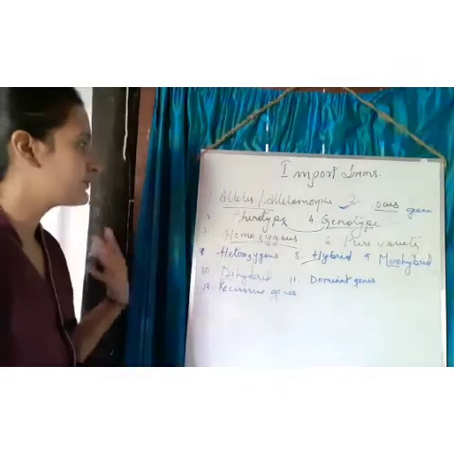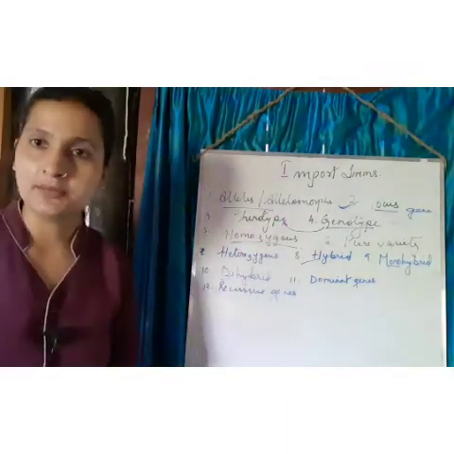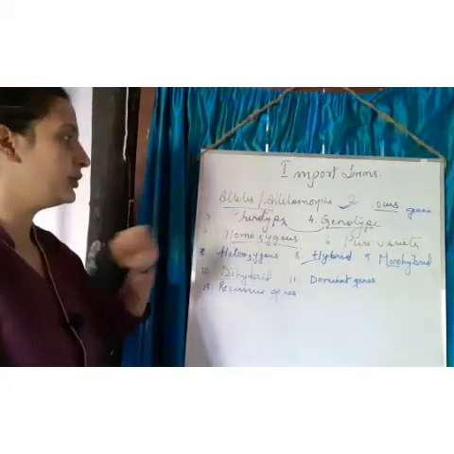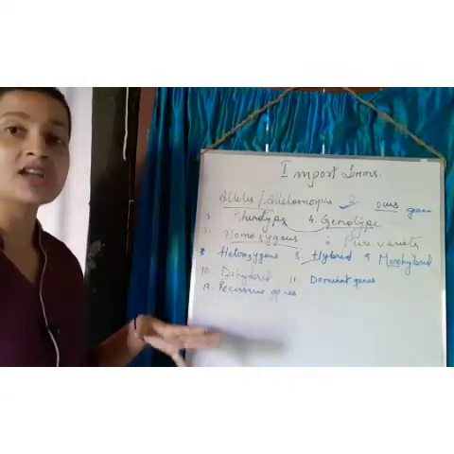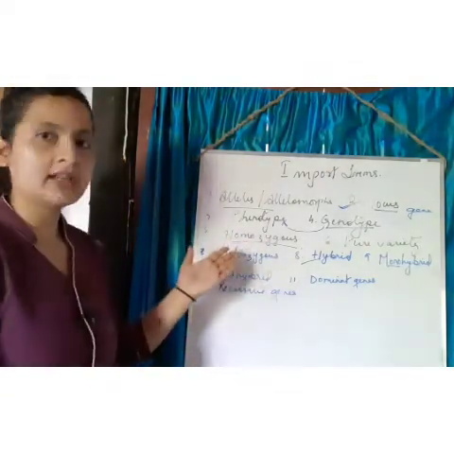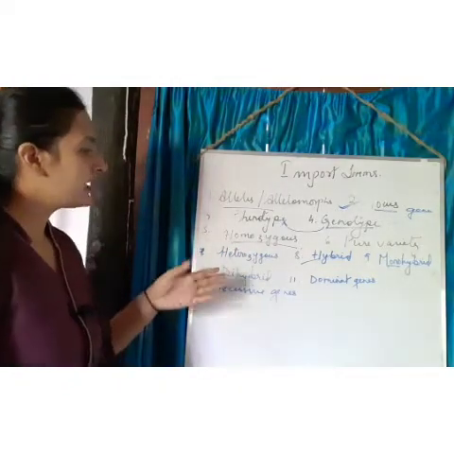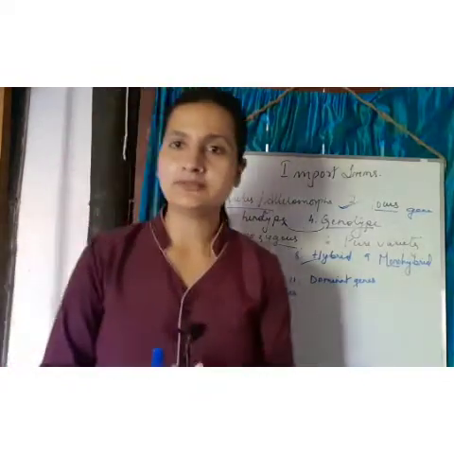Phenotype is the expression of external character. Genotype is the genetic makeup which expresses the phenotype. Homozygous are the individuals which have identical genes or alleles. Pure variety are the homozygous individuals. Then heterozygous have non-identical alleles.